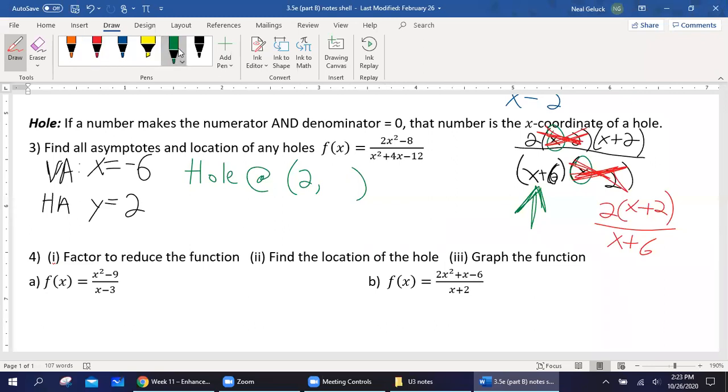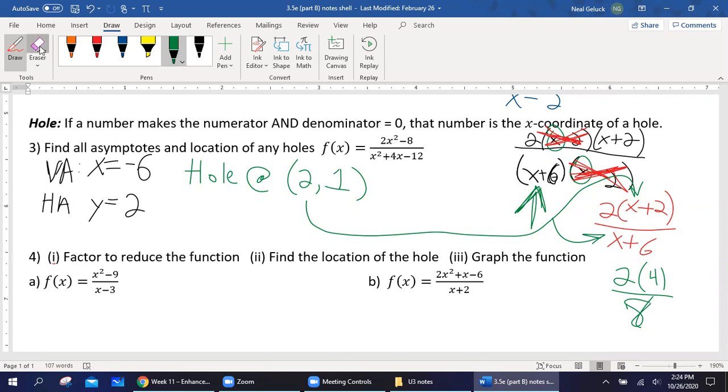Now I can plug this value in, and it's not going to give me 0 over 0. So that would be 2 times 4 over 2 plus 6. So I end up with 8 over 8. The y coordinate is 1. So again, I had to factor and then reduce to figure out the y coordinate of the hole.